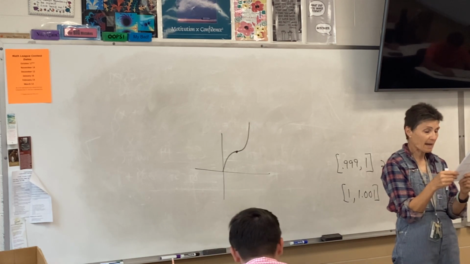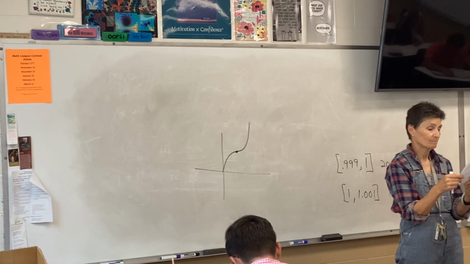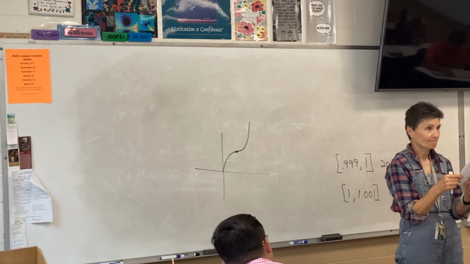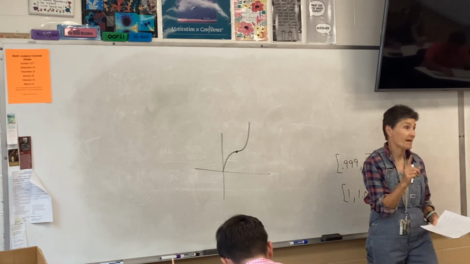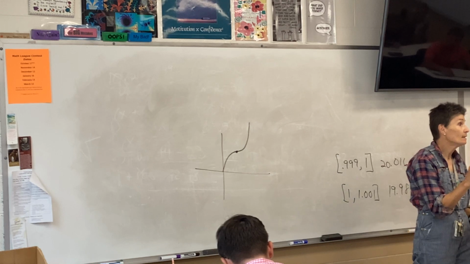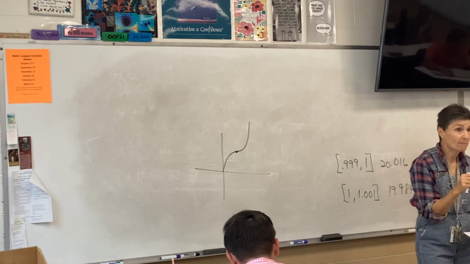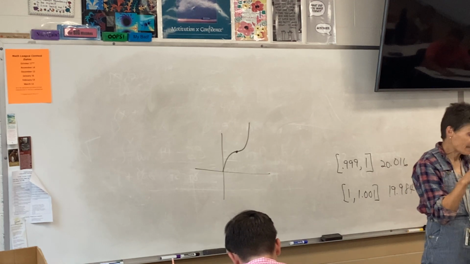So where does that happen here? I would say probably, what do you think? Not A. A is not a point of inflection. A is a minimum. The rate of change at A is 0.